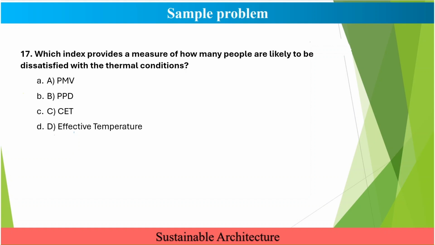So all of you are agreeing with Abhishek, Elena. They are saying B. Yes, sir. Okay. Then what is the full form of PPD? Percentage predicted dissatisfaction. No. Predicted percentage dissatisfaction.